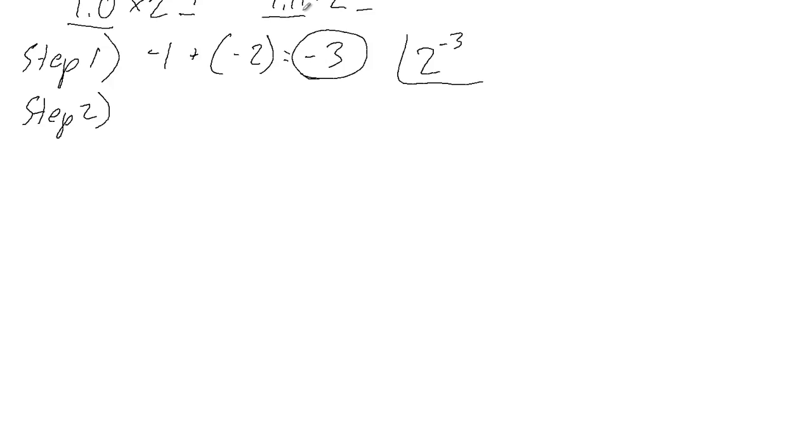Step 2 is we need to take the two pieces in front of the exponent, I forgot what they're called, and we will be multiplying them together. This is the format that we'll be using.